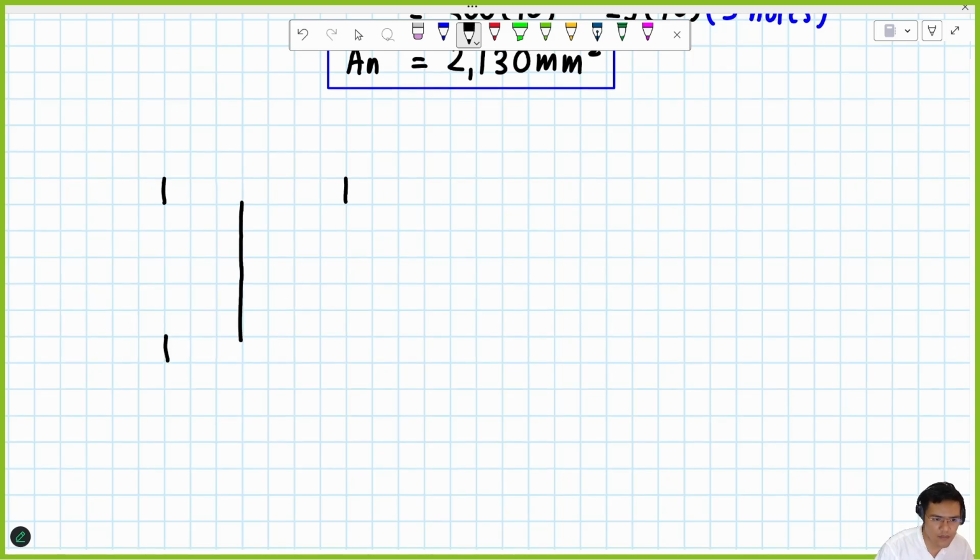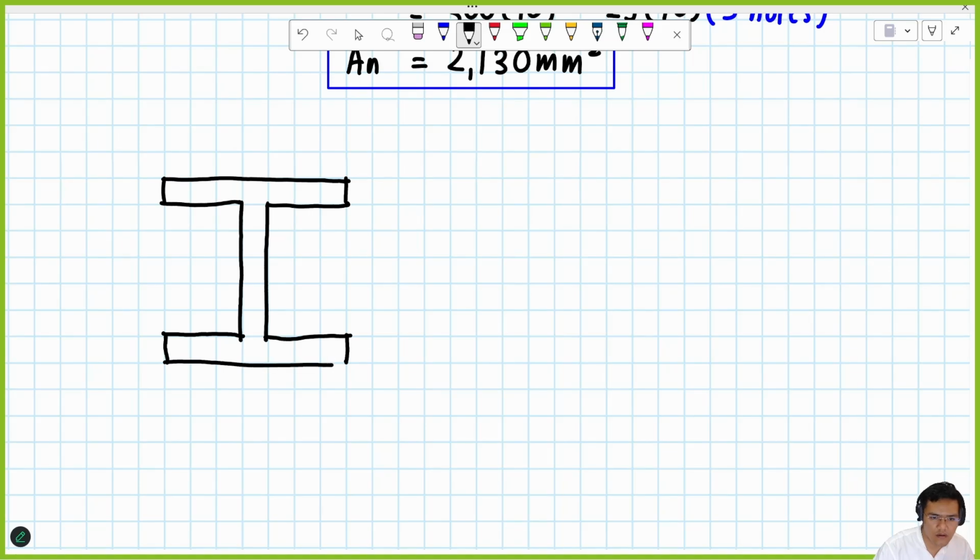So for example, ito yung flange natin. So ito yung mga bolt holes natin, di ba? Ito yung mga bolt holes natin.